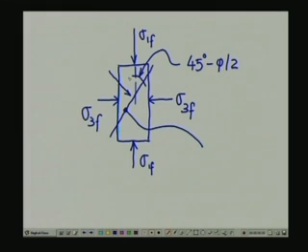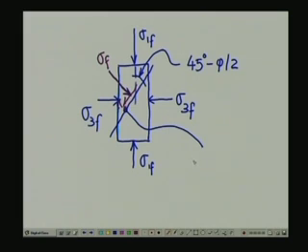If you imagine that there is a normal stress on this plane, let's call this one sigma f, and this one is going to be tau f.